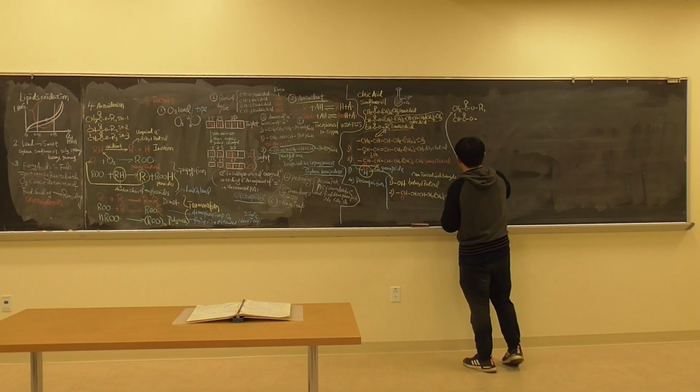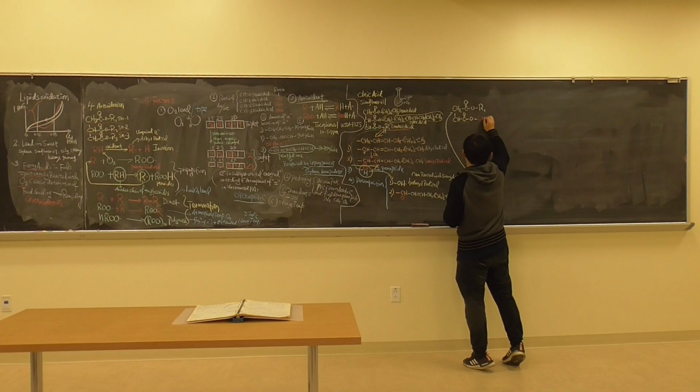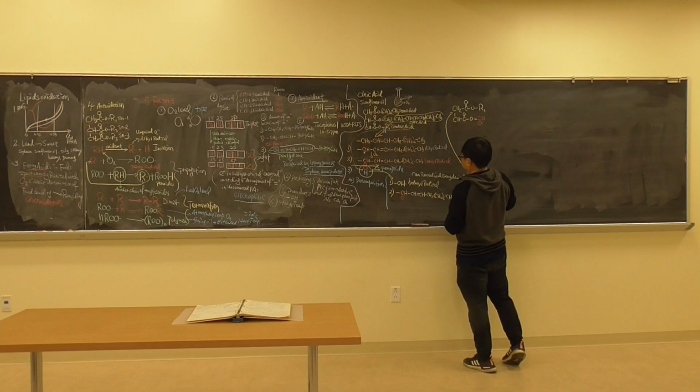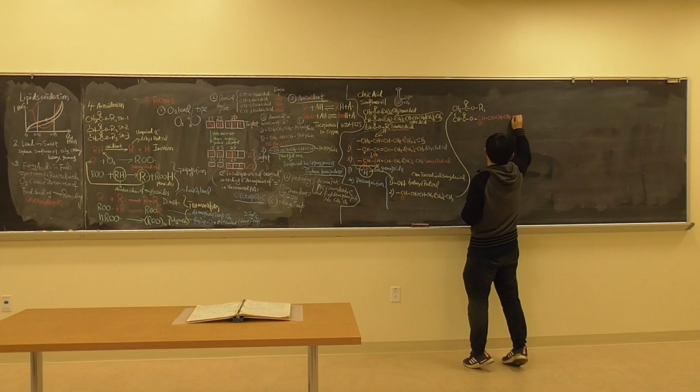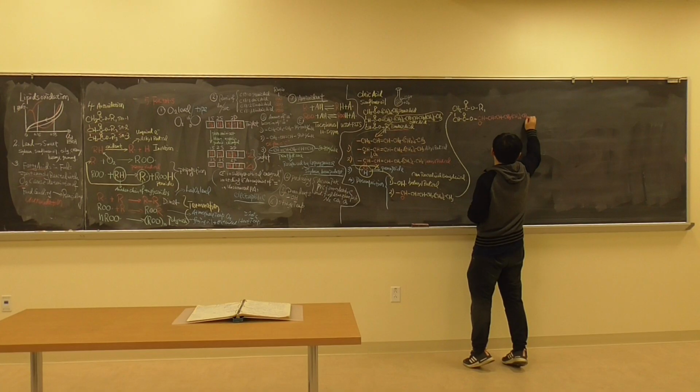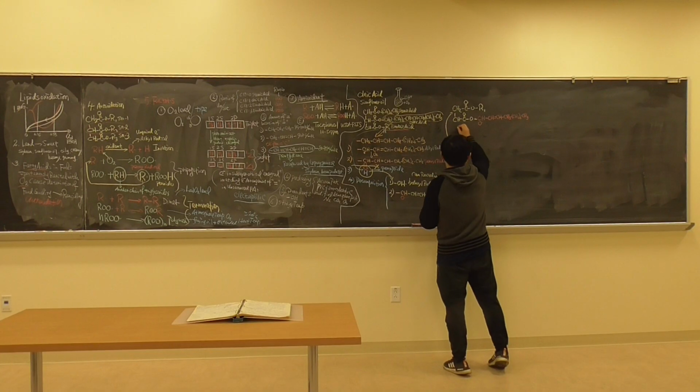That becomes CH. Then goes here. Then goes CH2, CH2, 6, CH3. Then the next one here, CH, CHO, and also 3.